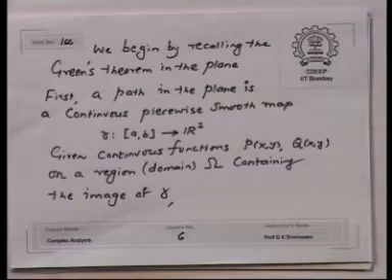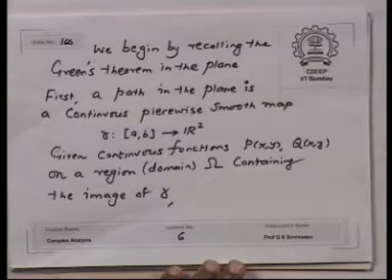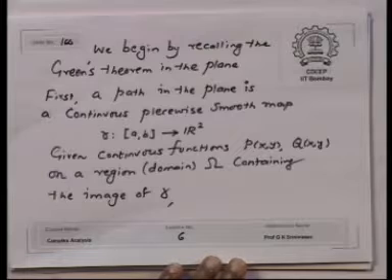Then let us take 2 functions p of x,y and q of x,y on a certain domain omega. Let us say that p and q are defined on the whole plane just to begin with. If they are not defined on the whole plane, they will be defined on some open set, and on that open set the image of the path lies.